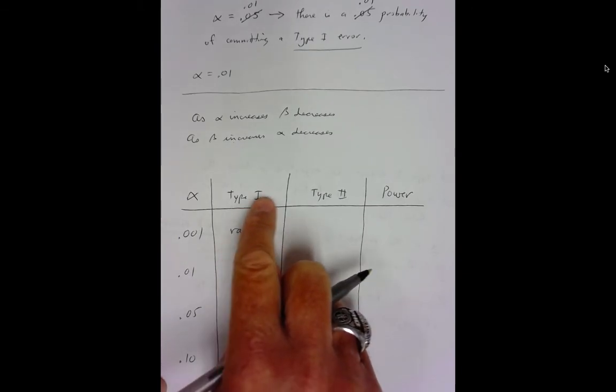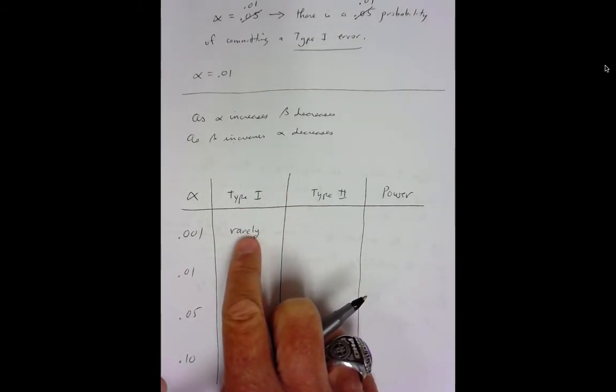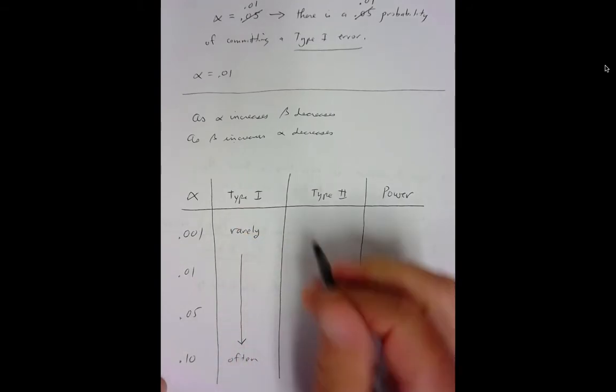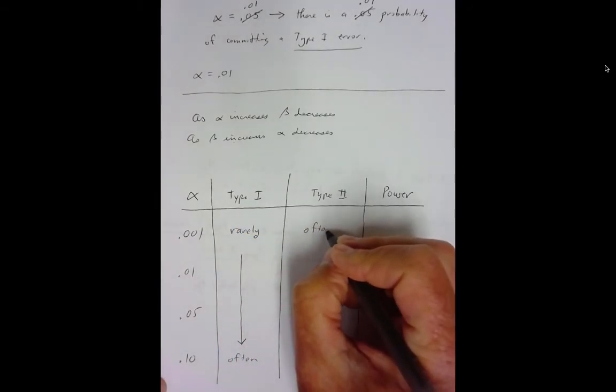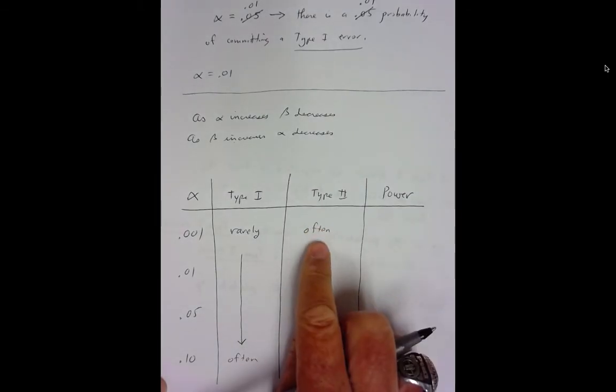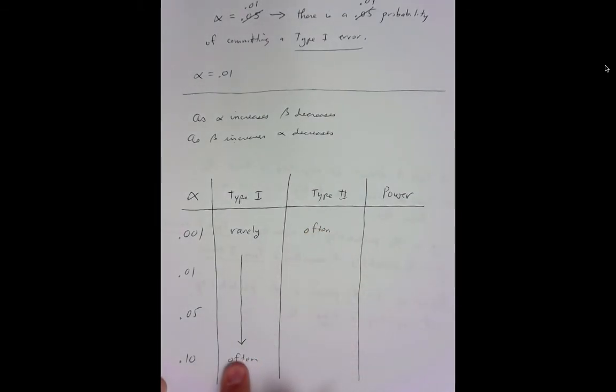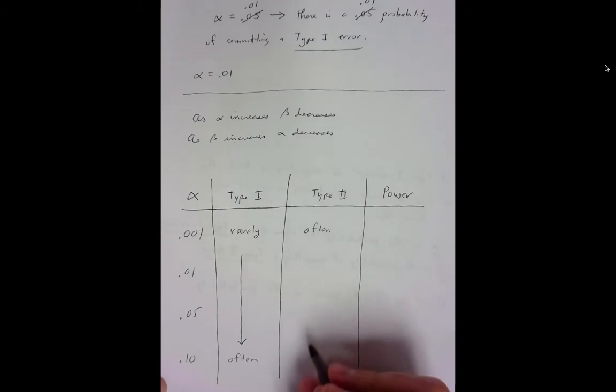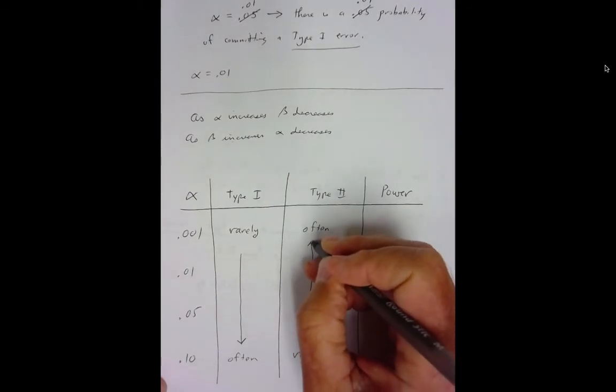However, because these two things work inversely, if you close the door for committing a type 1, you open the door for committing a type 2. If you often commit a type 1, then you're rarely going to commit a type 2.